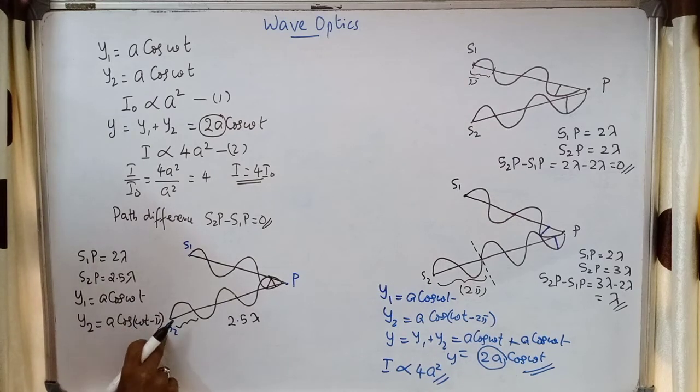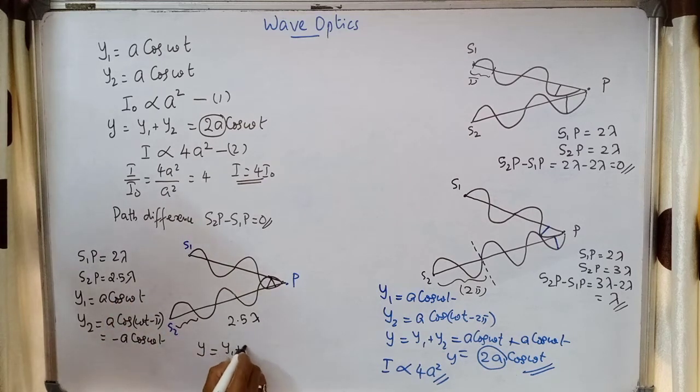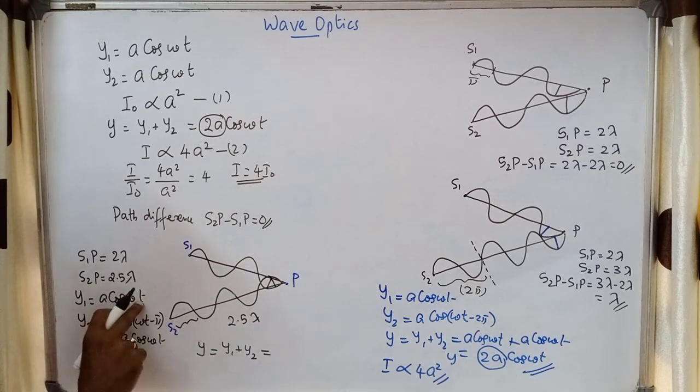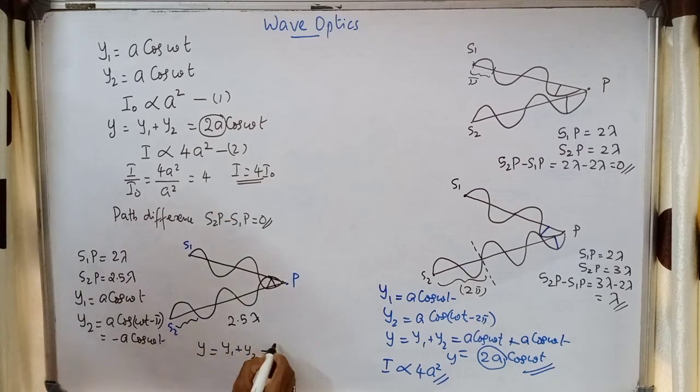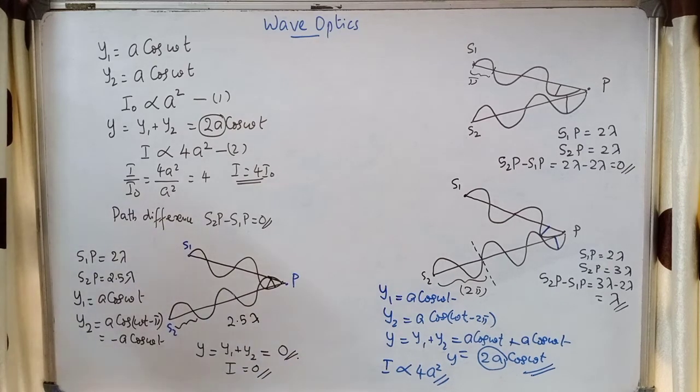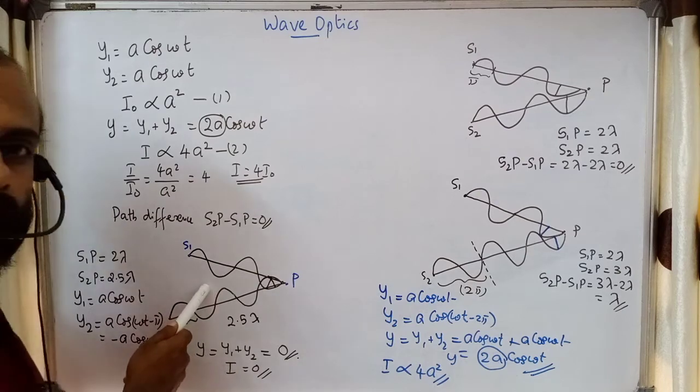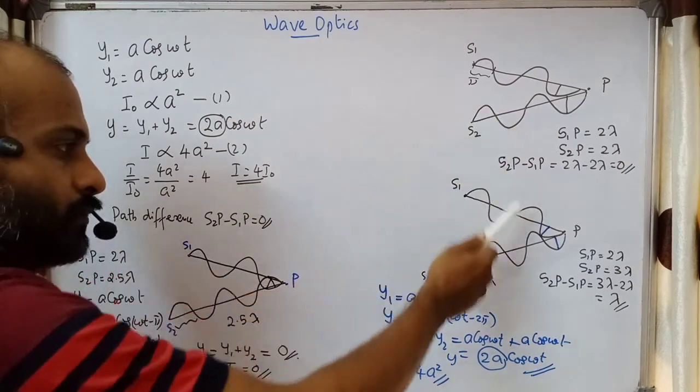What is cos(ωt − π)? It is equal to −a cos ωt. When I add these two, what is the net displacement? y = y1 + y2 = a cos ωt − a cos ωt. We will get a value 0. And what will be the intensity? When displacement is 0, intensity also will be 0. Okay. So this represents destructive interference, and these two are examples of constructive interference.